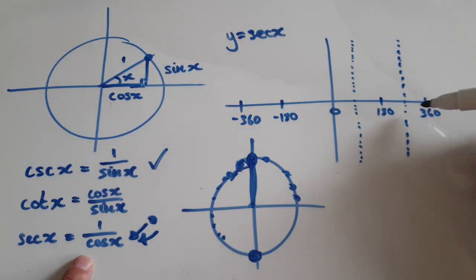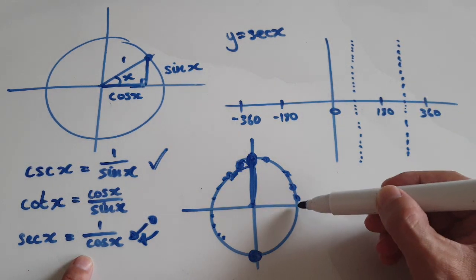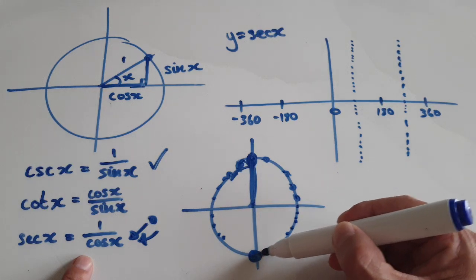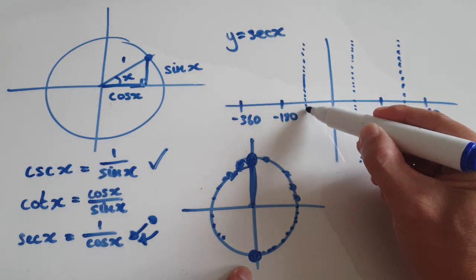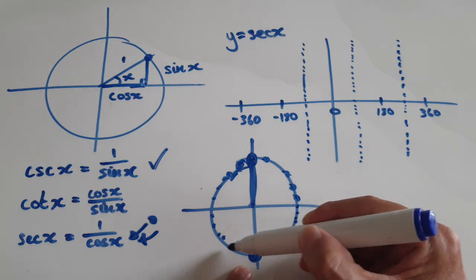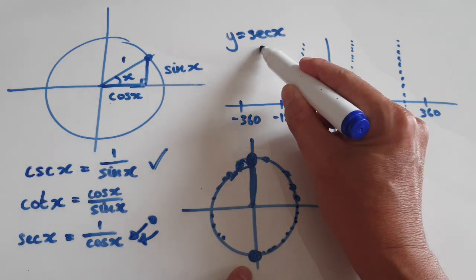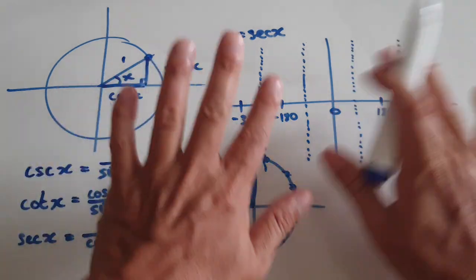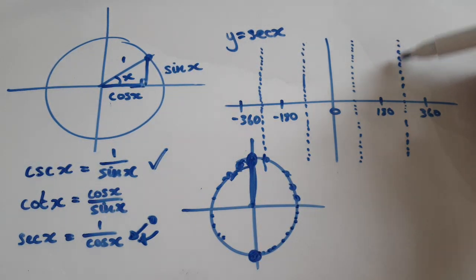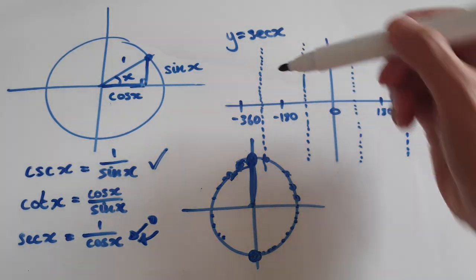So at 270 it breaks down. Now going the other way, negative 90, which is right here, it breaks down. And then negative 270, it's going to break down as well. So you know the graph will have a vertical asymptote at these 4 points.